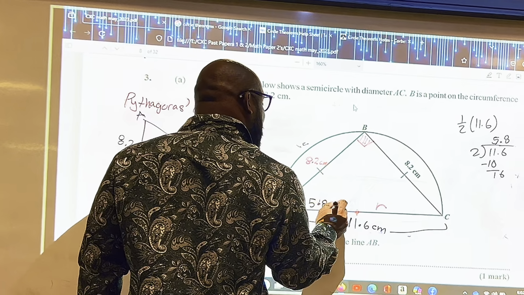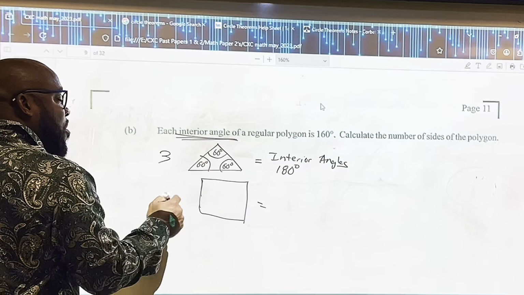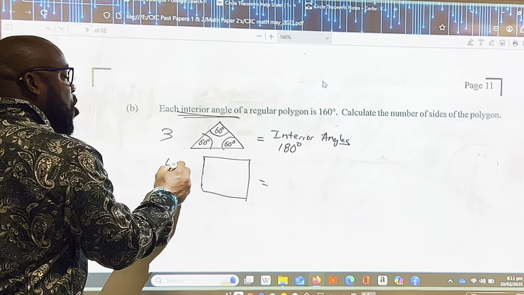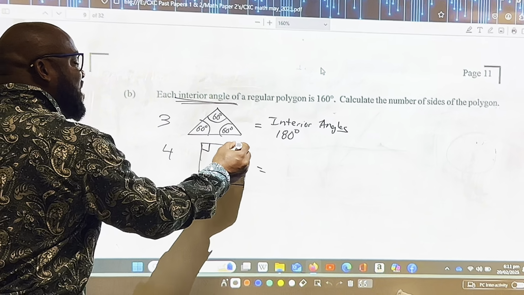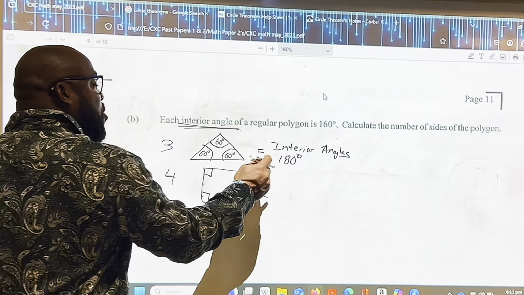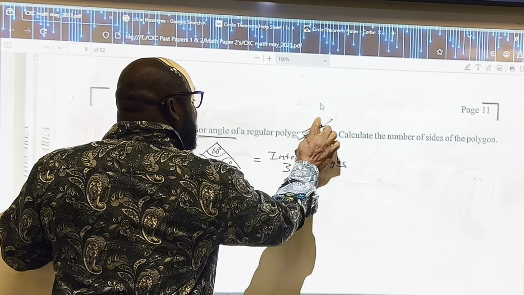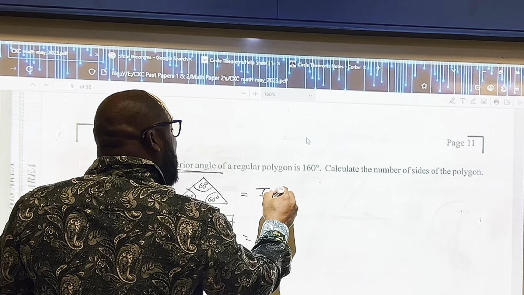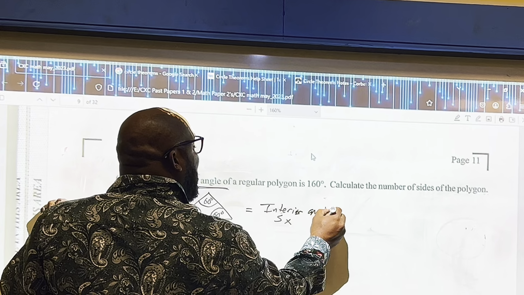How much size does this have? What's normally the angle here? Good. So we have interior angles.